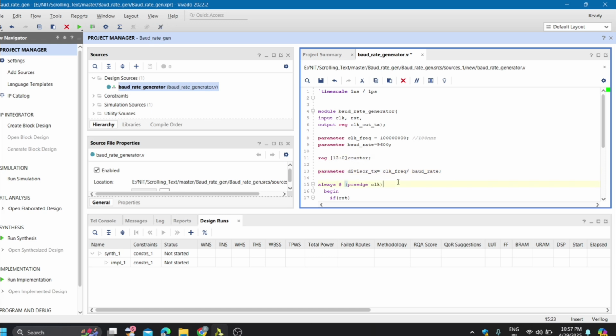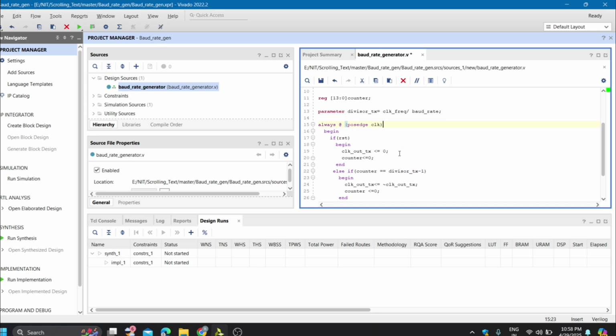Okay. Next we need to write always at the positive edge of clock. This will execute at each positive edge of clock. If reset is there, then clock out is 0 and counter is 0, meaning both the output clock and the counter are set to 0.